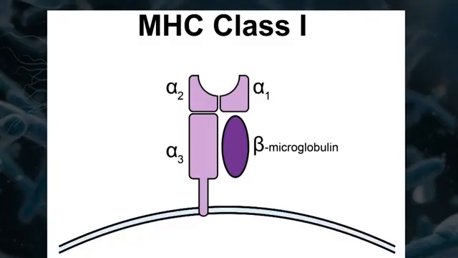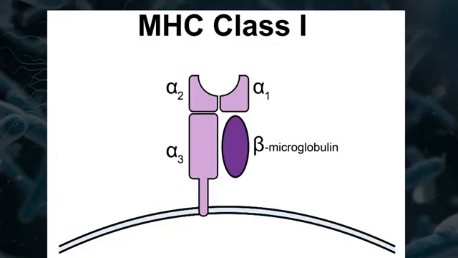MHC class 1: all the nucleated cells have surface-bound molecules as MHC class 1 units. These molecules consist of two polypeptide chains, namely alpha and beta 2. The alpha chain is the transmembrane polypeptide and consists of alpha 1, alpha 2 and alpha 3 as the three domains.